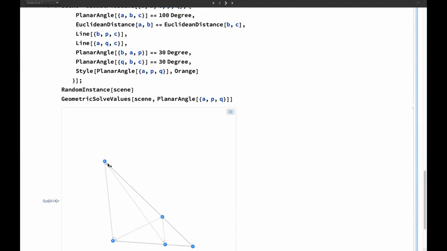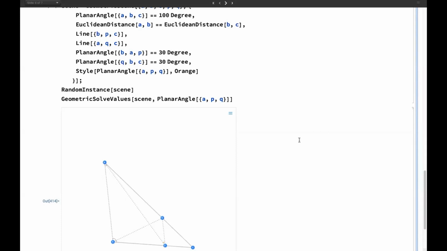So at A, we've got 30 degrees, and at QBC, which is here, we've got that this little angle here is also 30 degrees. And we are looking for this angle APQ, which is right here.